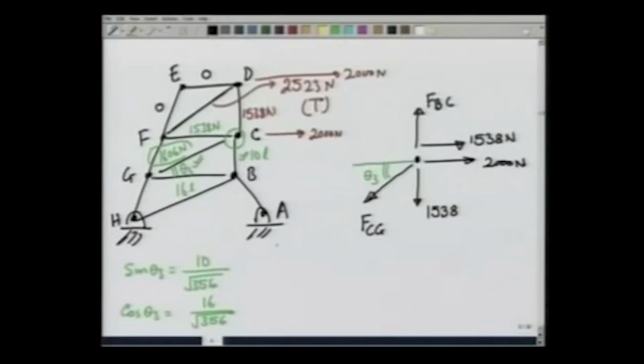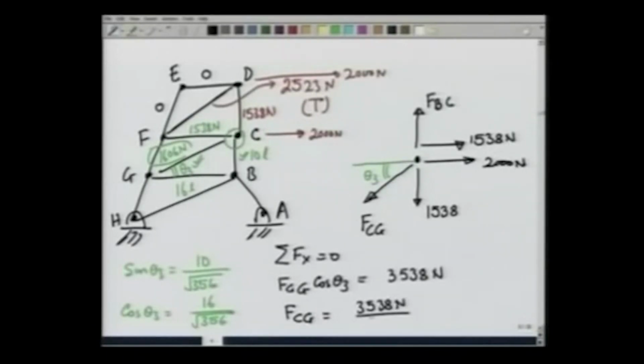So let us do summation Fx equals 0, which gives me F_CG cosine theta 3 equals 3538 newtons, and therefore F_CG is equal to 3538 newtons divided by cosine of theta 3. I can plug in the numbers and get my answer.